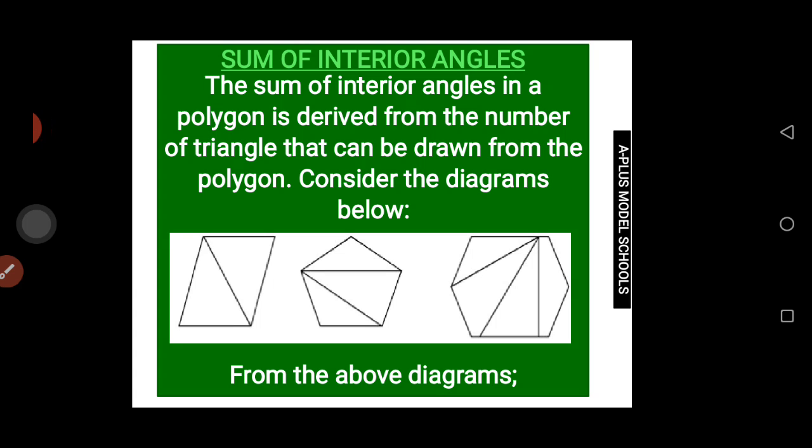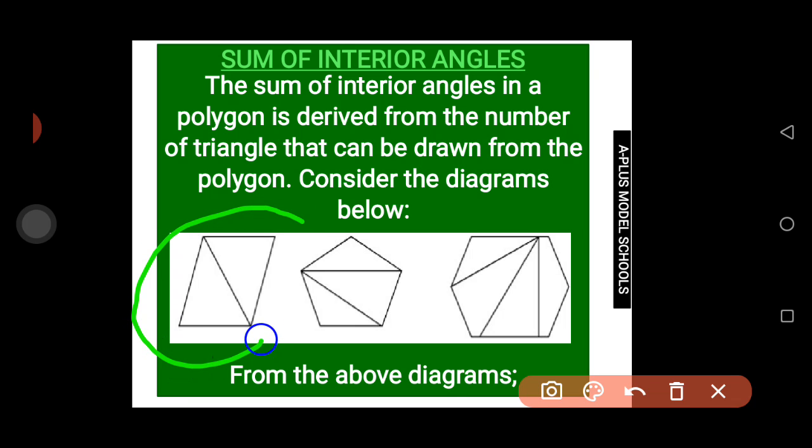Let's consider the shapes below. The first shape is a quadrilateral, a shape enclosed by 4 sides, and when you look at it very well, you see that it has 2 triangles.